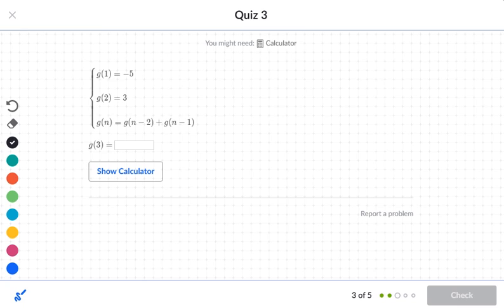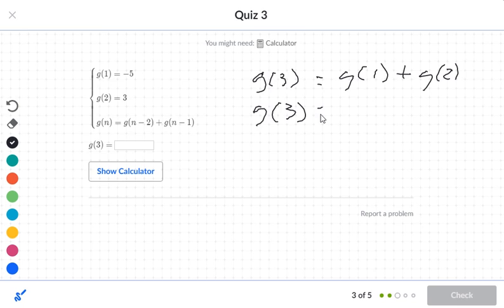Okay, right here you have g of 1 is -5, g of 2 is 3, and then we have g of n. Well, in this circumstance we've had problems like this before. For us to find g of 3, we're going to add the value of g of 1 plus the value of g of 2. So g of 3 is equal to g of 1, which is -5, plus g of 2, which is 3.